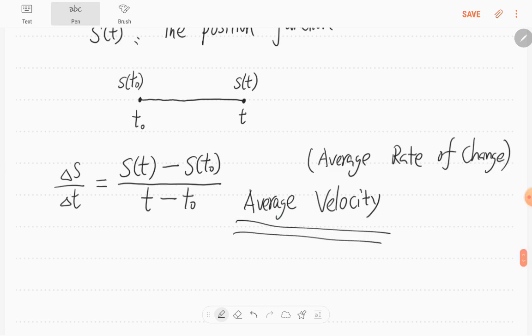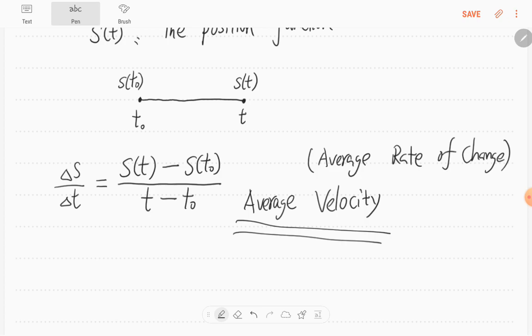So the average rate of change for the position function is actually the average velocity. Okay, so many problems we solved in high school to find the velocity, the velocity means the average velocity.